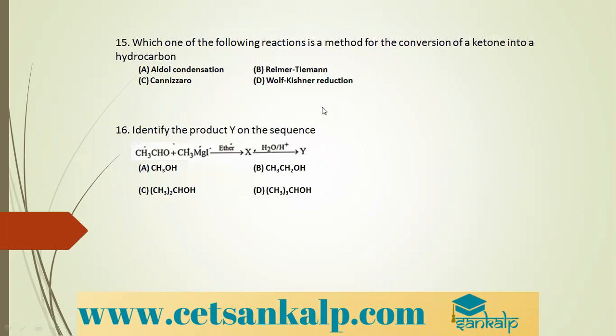15th question. Which one of the following reactions is a method for conversion of ketone into hydrocarbon? You want to convert ketone into hydrocarbon. So it is nothing but reduction itself, students.